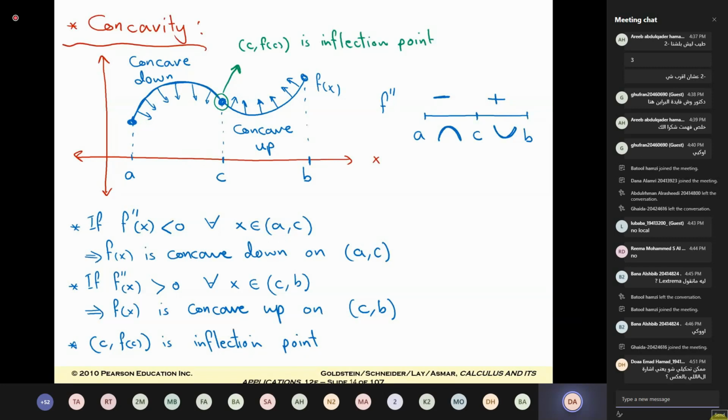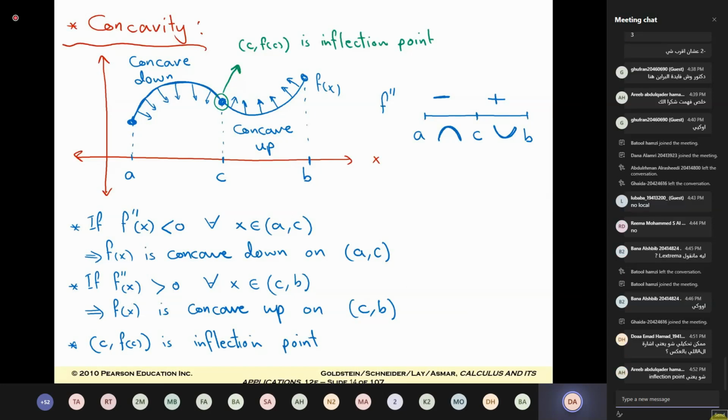Okay, so we can check the concavity of f of x, up or down, and find the inflection point using f double prime. Again, f prime is used to find the critical points, to find increasing and decreasing, to find the maximum or minimum.